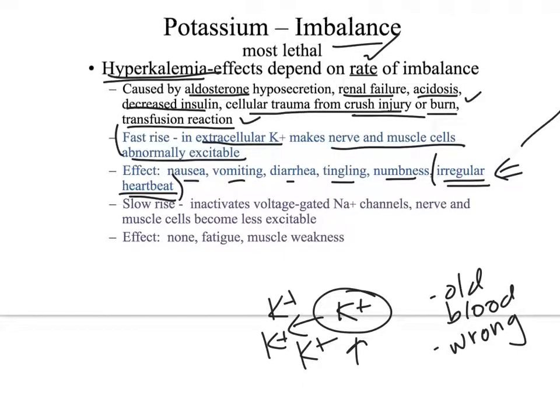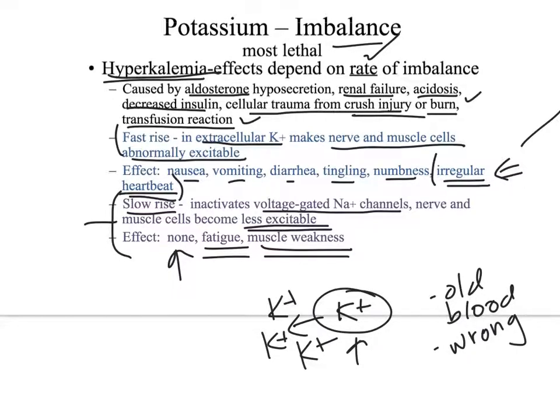Now the opposite happens if there's a slow rise. The slow rise actually inactivates the voltage-gated sodium channels, and the muscle cells become less excitable. So it might not cause any effect, or if it goes on for a while, it could cause fatigue and muscle weakness.